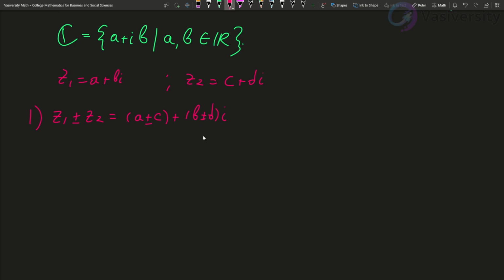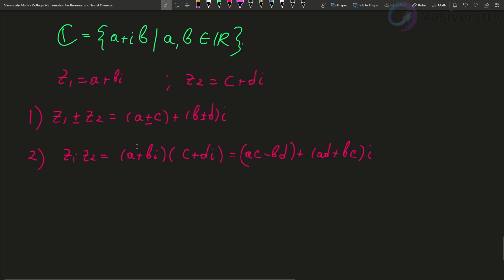Okay, and then if we have multiplication, we will have a plus bi. So first things first, z1 times z2 is going to be equal to (a plus bi) times (c plus di), which is equal to, if we use the rules from the previous lesson, (ac minus bd) plus (ad plus bc) times i.